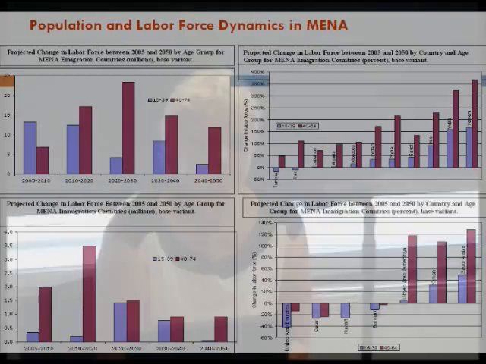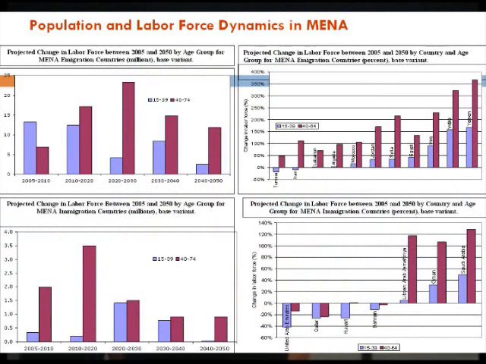This is the population and labor force dynamics in MENA, and what we can see is that for the region as a whole, the young group is going to increase basically all along the period, but we see a declining trend as MENA also enters its demographic transition.